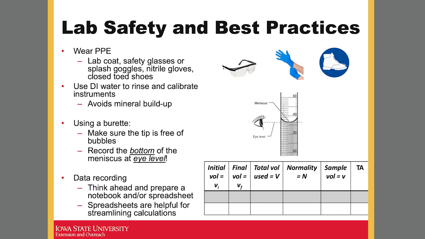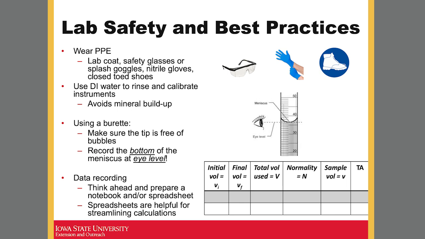When you use a burette, and we're going to talk a little more about that during the demonstration, that's where you add your sodium hydroxide, your base. There is a tap at the bottom, so you need to make sure the tap is closed before filling the burette, and the tip of the burette should not have any bubbles because that might change the measurement.